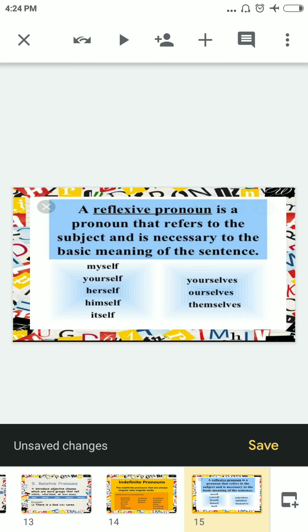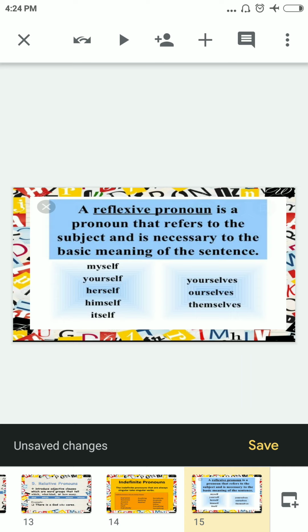Whatever subject we are using in the starting comes in reflection at the end. If I am using "my" in the sentence, then I have "myself" at last in the object place, which is the reflexive pronoun. Myself, yourself, herself, himself, itself, yourselves, ourselves, and themselves.